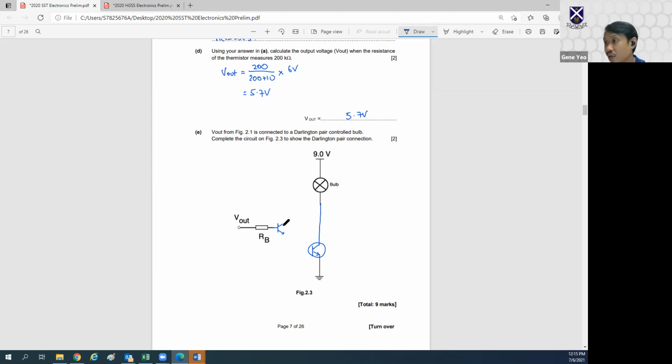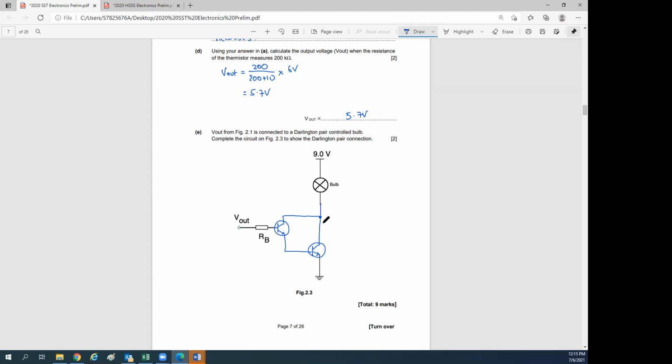Don't forget the arrow. And this fella will connect into the base of this fella. All right, and this fella will join the collector of this fella. Of course, draw the circle like so. Yeah, there's nothing really to understand about this. Just know how to draw a Darlington pair.